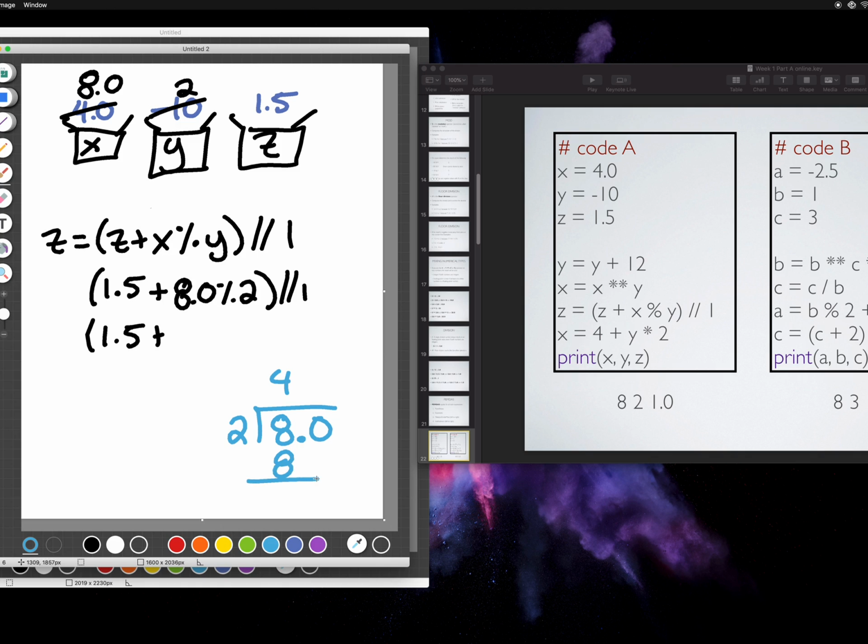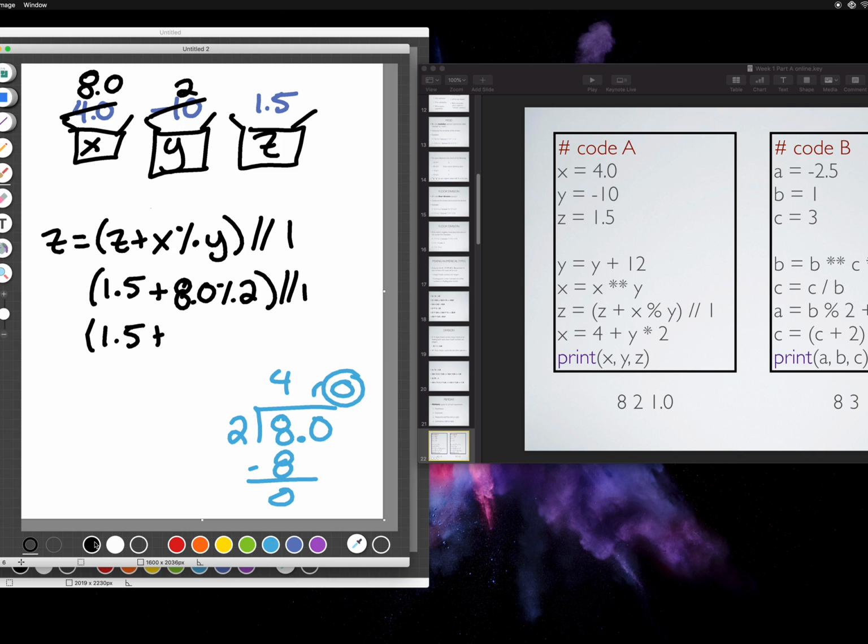So this mod is 0, but be careful about that because the result of that is going to be a floating point value. Alright, so mod follows the normal rules. Since one of these is a floating point, that answer is going to be 0.0 right there.